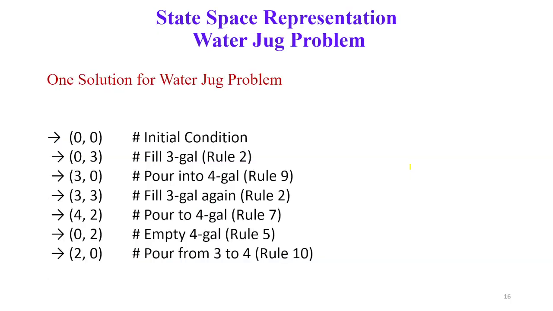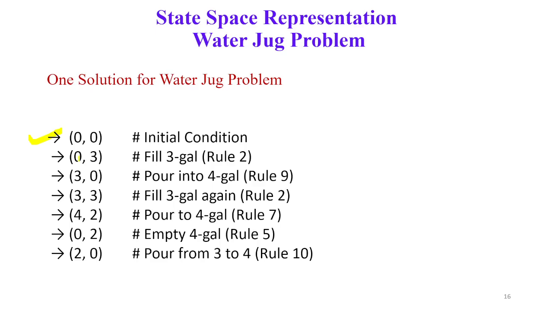Before that, this is one of the solutions for this water jug problem. I will just go through it one by one. First is the initial condition where both jugs are empty, the 4-gallon jug and the 3-gallon jug. Secondly, 0 comma 3 means fill the 3-gallon jug.